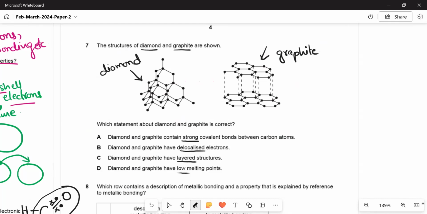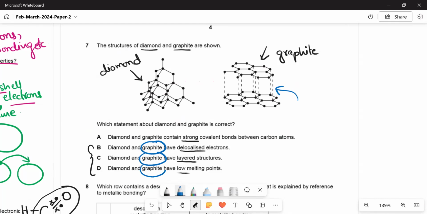Now, the last three options are correct for one of them. Like, as for the delocalized electrons, they are only present in graphite. Layered structure is only of graphite, as you can see here. And low melting point is also for graphite. Means for the giant structures as diamond and graphite, both of them are giant structures.